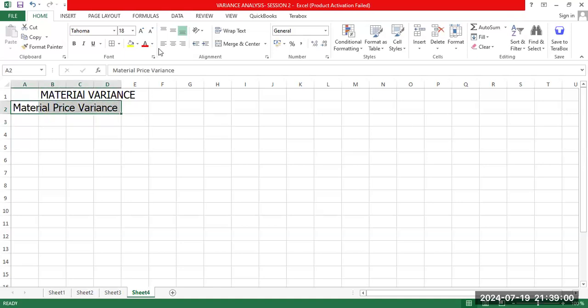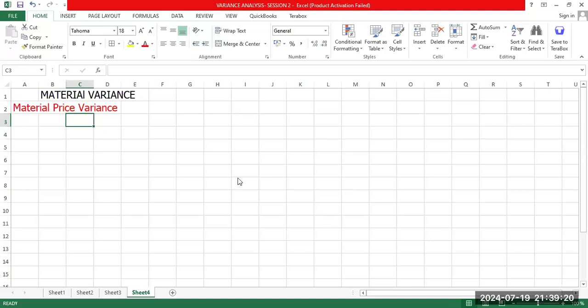The same way we are calculating material price variance, same knowledge. First ask yourself what you want to buy. What you want to buy is measured in terms of what? Your materials are measured in terms of what?